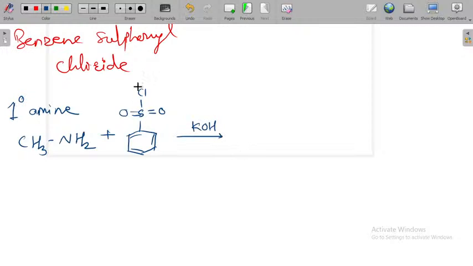So what happens here? This chlorine and one of the hydrogen atoms are replaced to form HCl, means here minus HCl, and the product is this benzene ring with S double bond O, and here NHCH3.